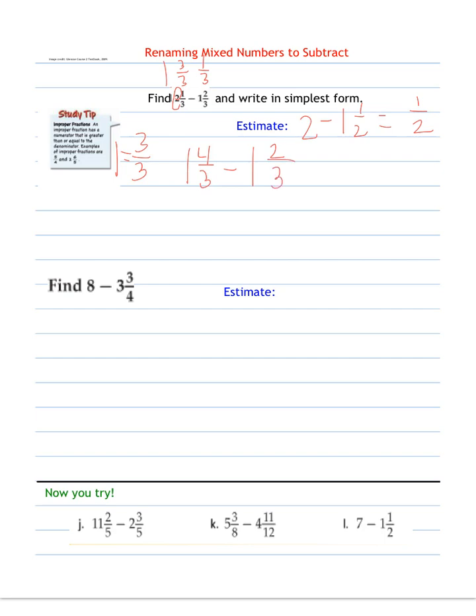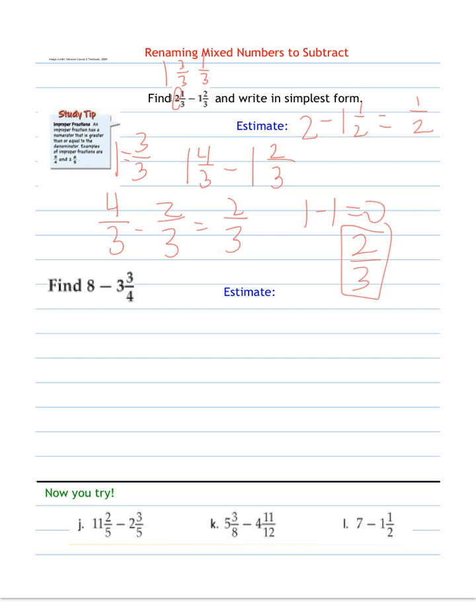Okay. Again, now we subtract like we did before. We subtract our fractions. 4/3 minus 2/3 equals 2/3. And then our whole numbers, 1 minus 1 equals 0. So our answer is just 2/3, which is close to 1/2.